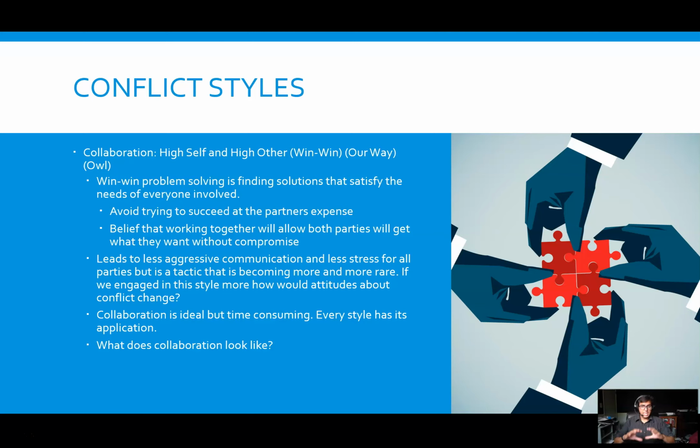So, the collaborative conflict style leads to less aggressive communication and less stress for all parties, but it is a tactic that is becoming more and more rare. When we engage in conflict, our first goal should be trying to find a win-win scenario, because they are out there.